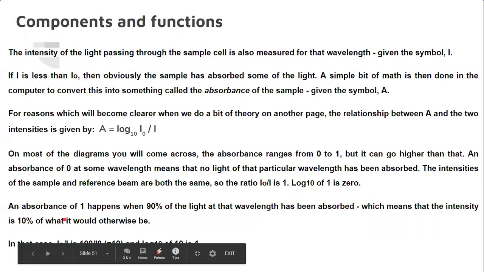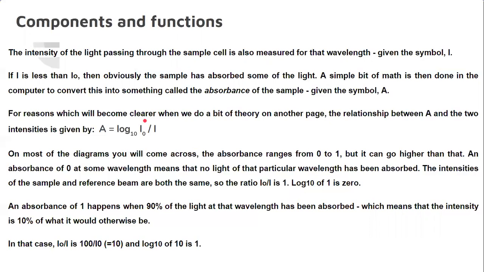An absorbance of 1 happens when 90% of the light at that wavelength has been absorbed, which means 10% of it is transmitted.